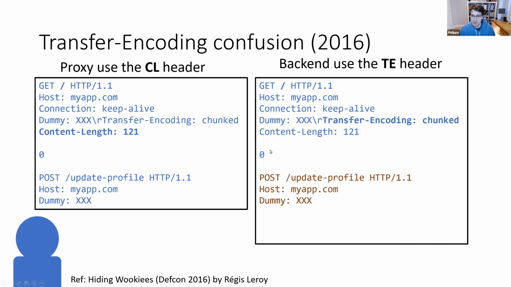And the first section of the POST body is just length 0, then 2 new lines. So this means that this body is just closing instantly, and everything that follows is already a new request. So with these small differences, suddenly we have a request made to update profile.